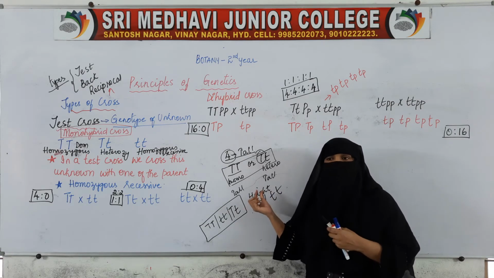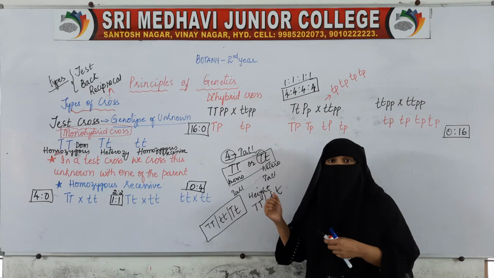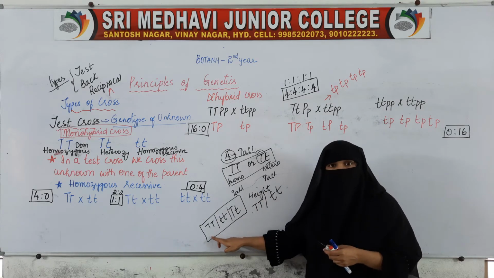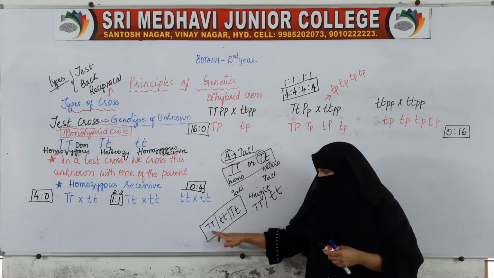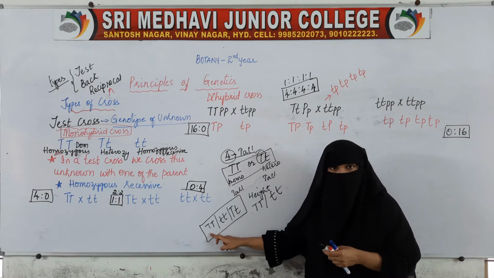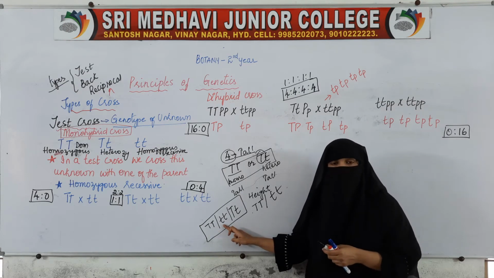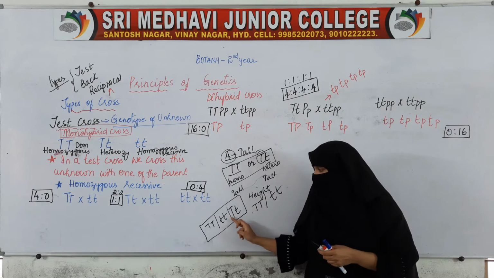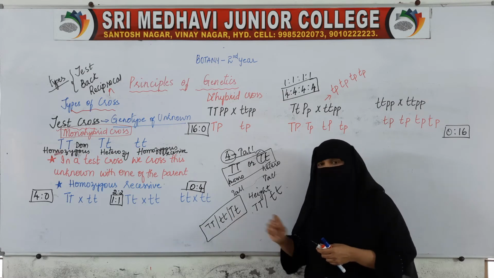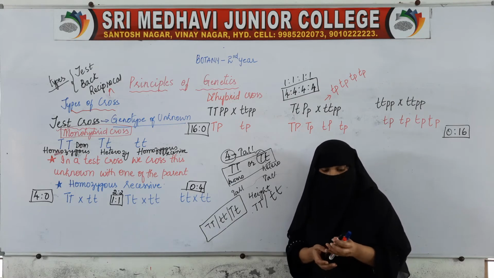So for checking the height, what type of genetic material can be present in the plant? Both alleles can be of the same type, and here both are dominant. Here also both are the same type of alleles, but they are recessive. And here one allele is dominant and one allele is recessive.